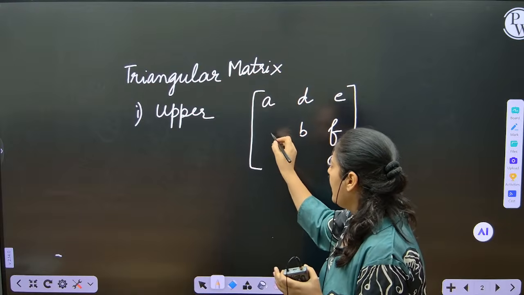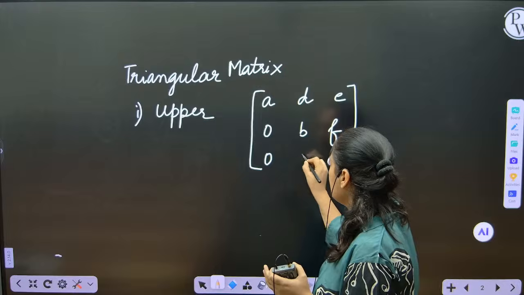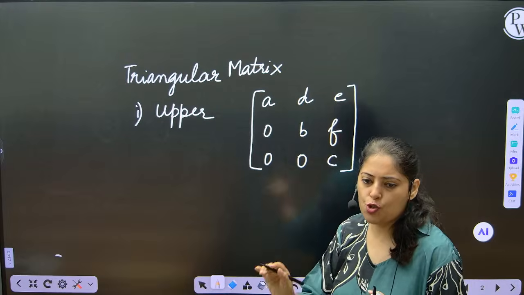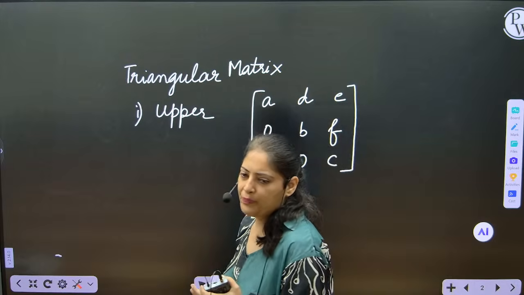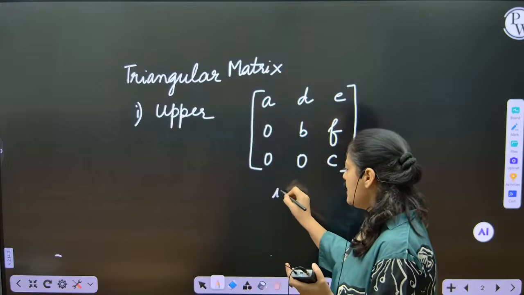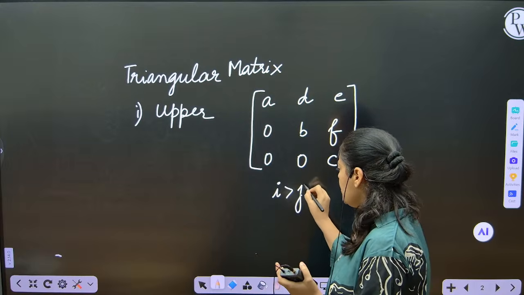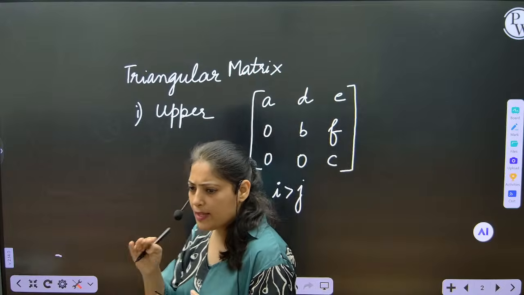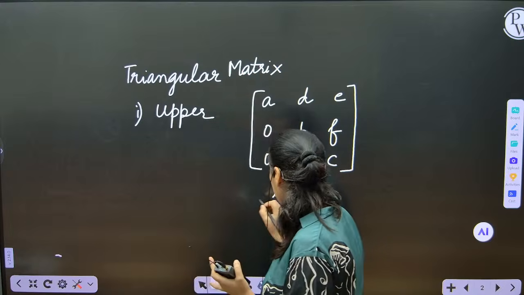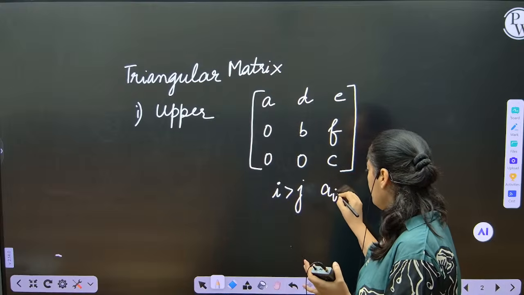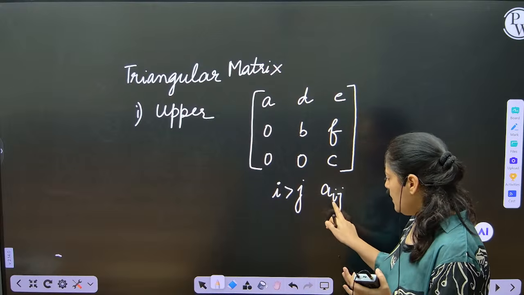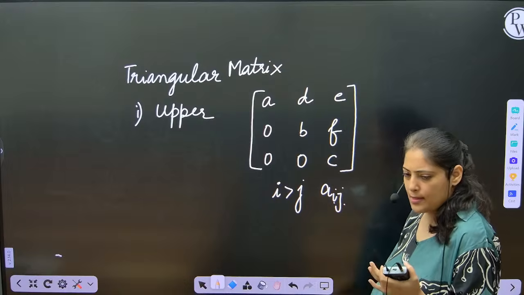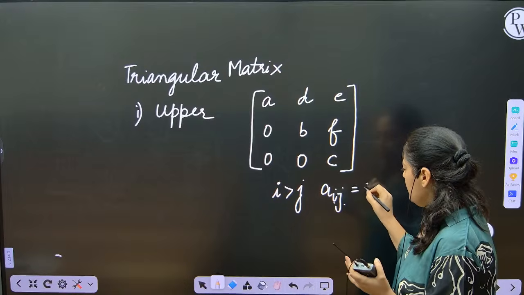But the remaining ones have to be 0. The condition is i should be greater than j. Whenever i is greater than j in Aij, that means this number is greater than this number, then this element will be 0.